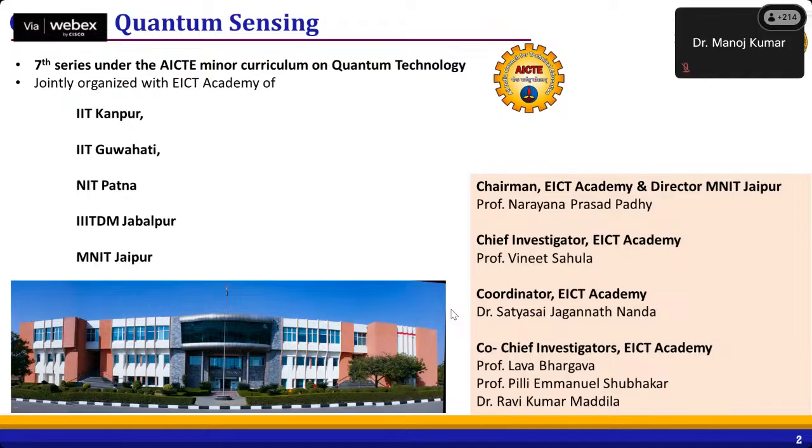And my personal opinion, especially about this course, is that my Master of Technology itself was in applied optics, and I did my MTech project on optical trapping and manipulation of micro and nanoparticles, which is optical tweezers. It is one of the sensing techniques which we have used with the laser.